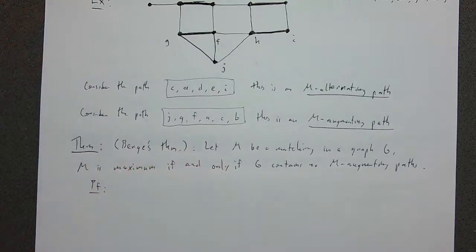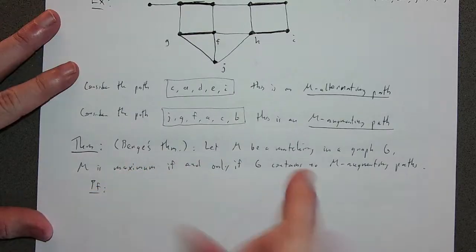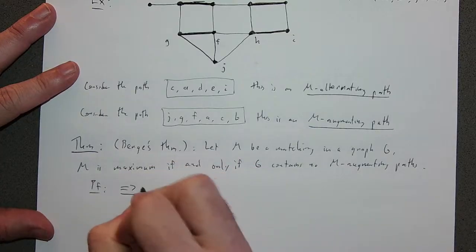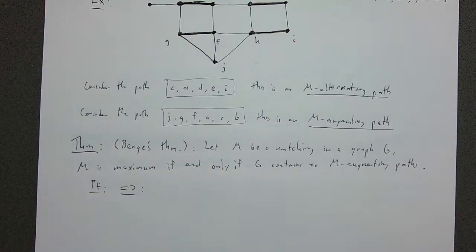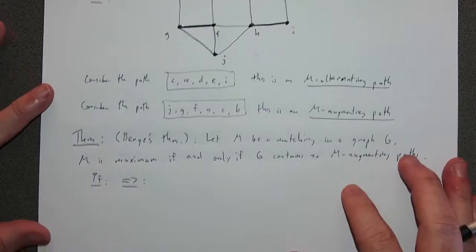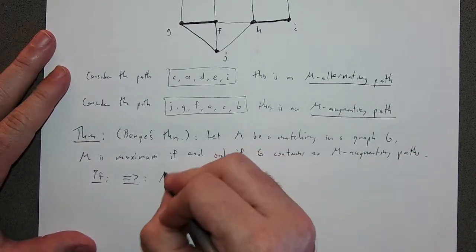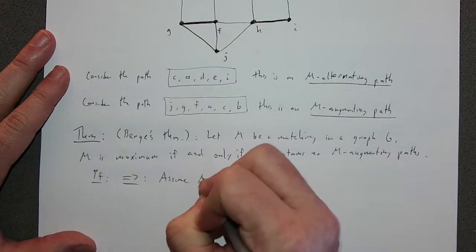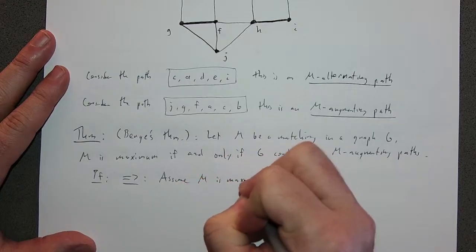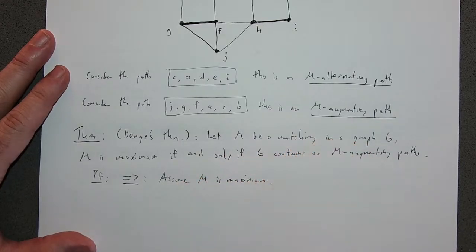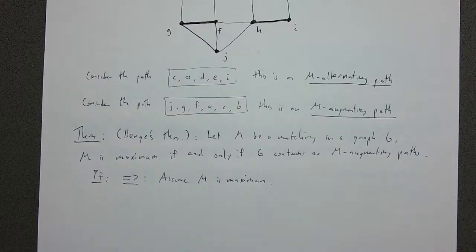So, what's the proof of this? Let's do the forward direction, and I'll leave the reverse direction for you to read over. So, what is the forward direction here? So, assume M is maximum. That is, it contains the most edges that it can.